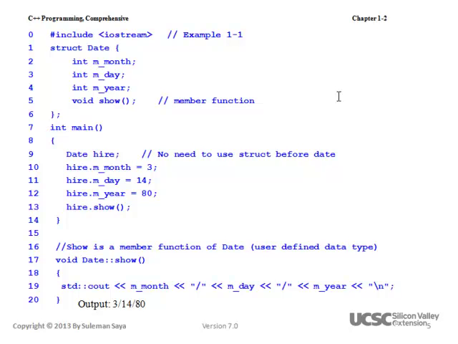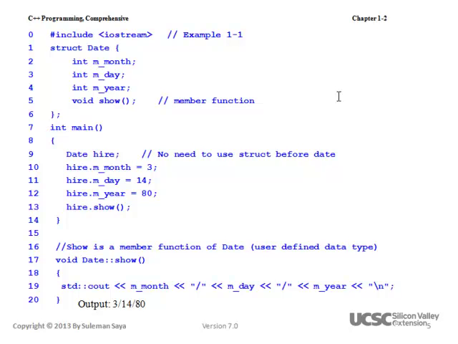And then at line number 3, I declared another data member, which is also an int type. And then I also declared at line number 4 a year, which is an int type as well. So up till line number 4, whatever you have done or learned in C language, you can do exactly the same thing in C++.